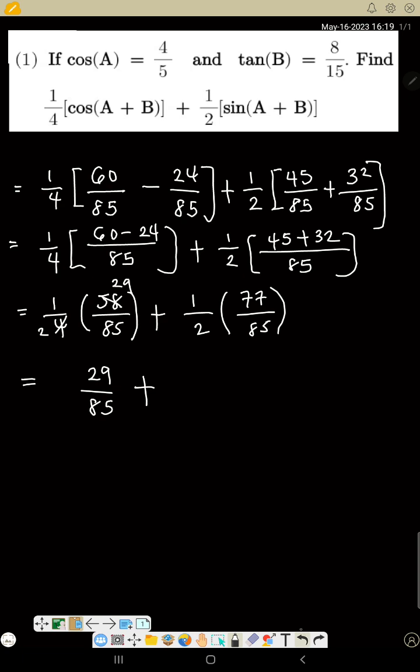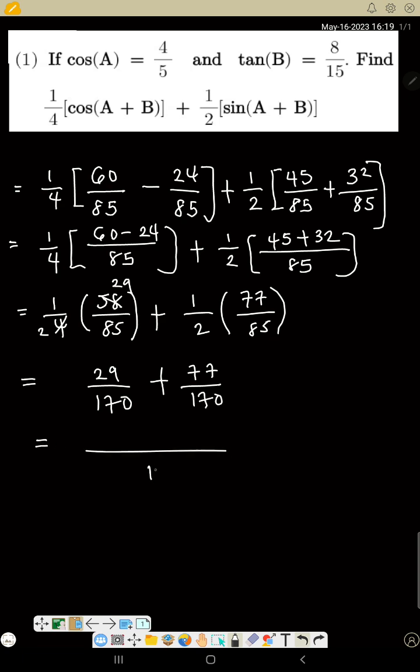so I have 1 over 2 outside, so let's say 1 over 2, or multiply, that means 1 times 29, that's what you have left. So that's 29 over 2 times 85, that is 170, plus 1 times 77, divided by 2 times 85, 170.